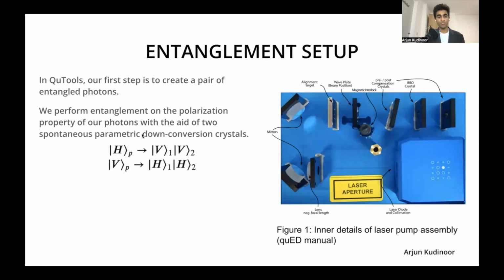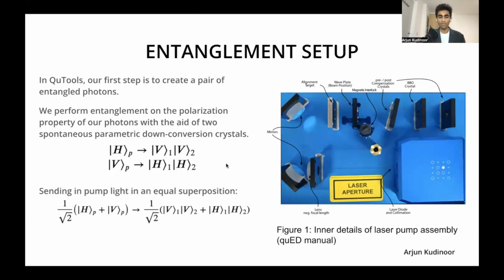We send it through what are called spontaneous parametric down conversion crystals. These crystals take a horizontally polarized photon and split it into two vertically polarized photons. Similarly, it takes a vertically polarized photon and splits that into two horizontally polarized photons. Now, we've been sending in a randomly polarized beam of light. It has equal parts of horizontally polarized photons and vertically polarized photons.